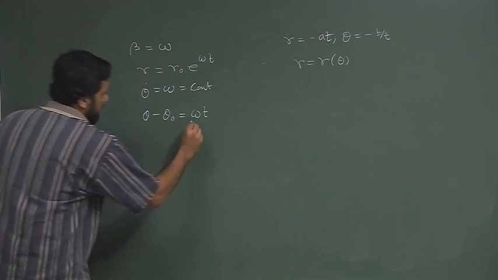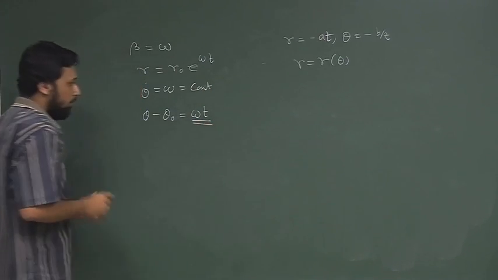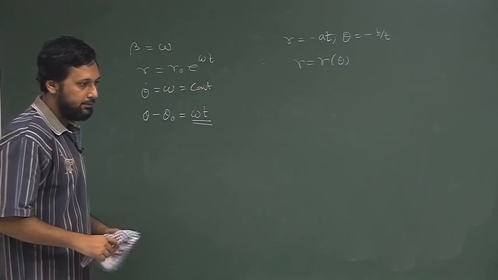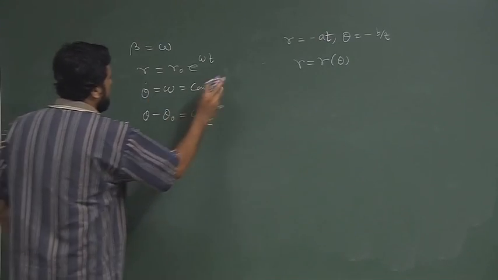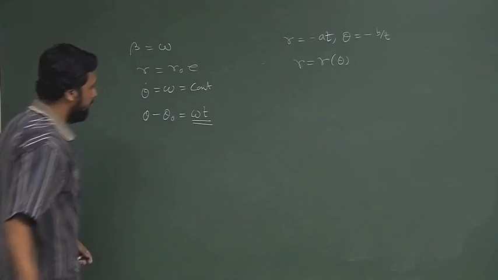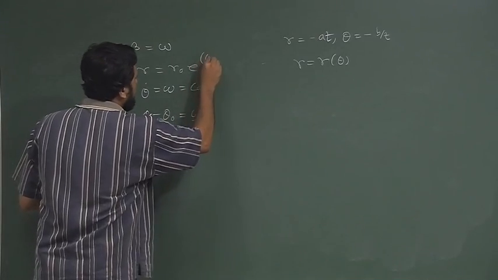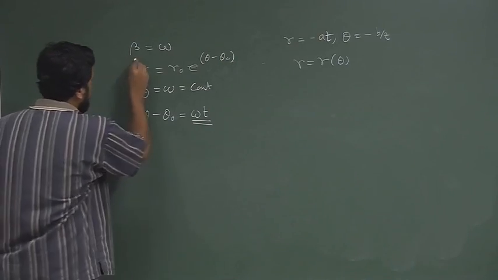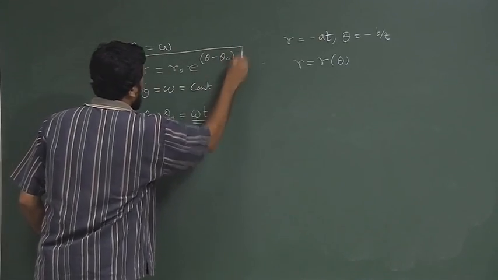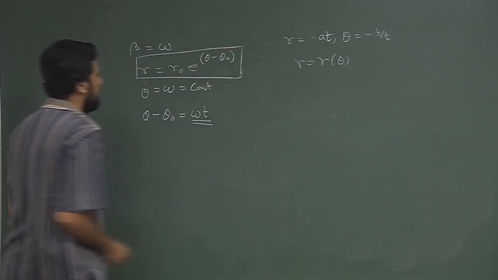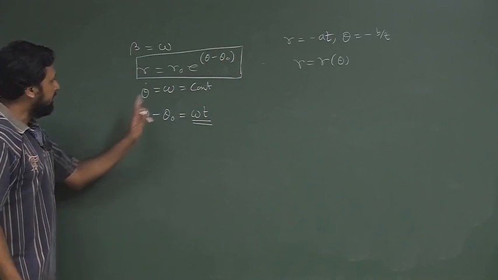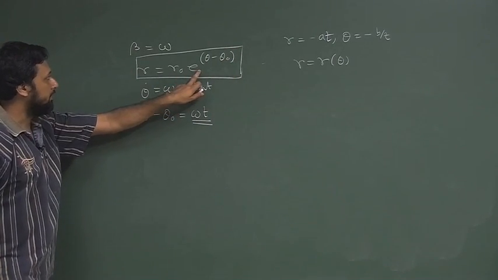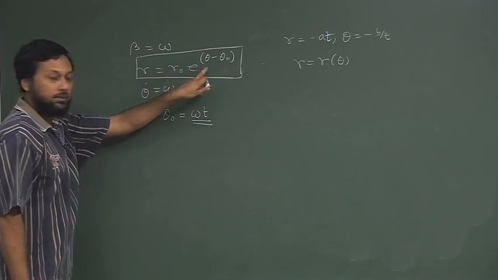So, we substitute this for omega t and we immediately see this equation becomes a function of theta minus theta 0. Okay. So, this is the equation of the trajectory. So, in case when beta is equal to omega, this is the equation of the trajectory. So, we get r as a function of theta.